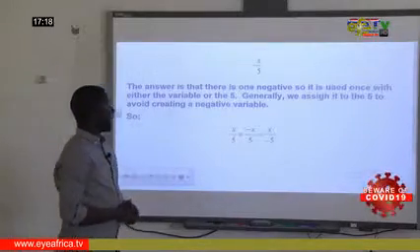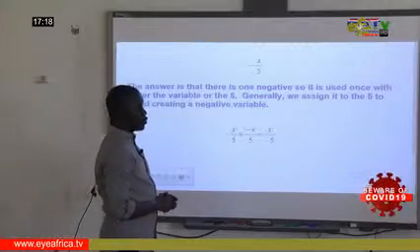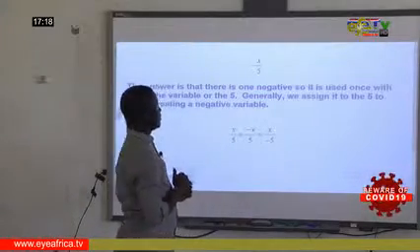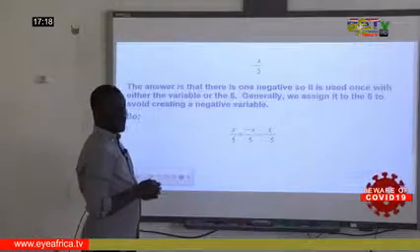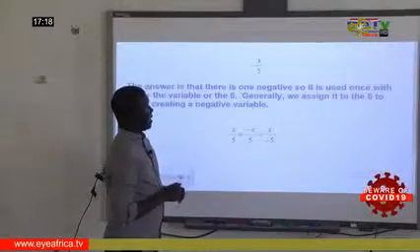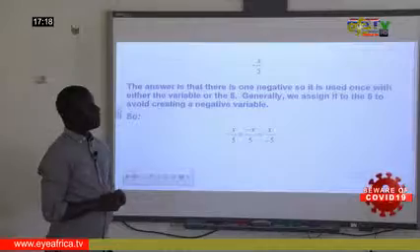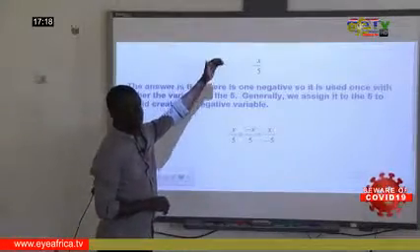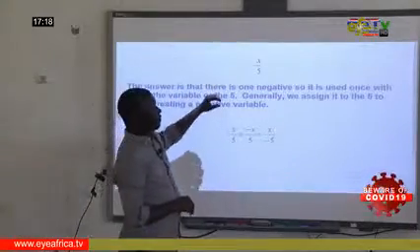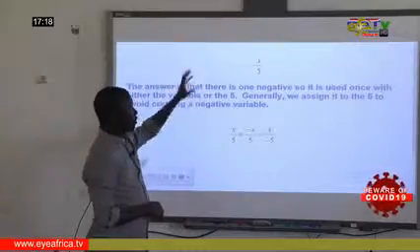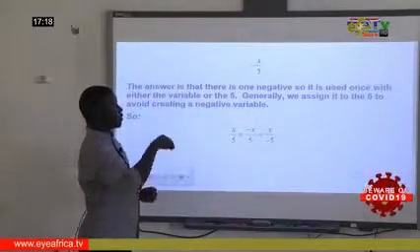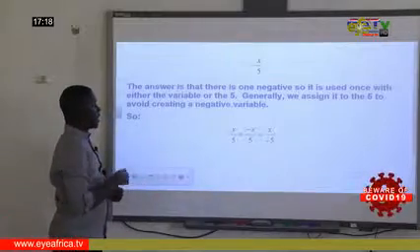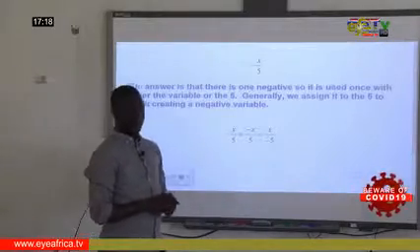The answer is that there is one negative, so it is used once with either the variable or the 5, meaning the negative sign can only be that of the x or the 5, but it cannot belong to both of them at the same time. Generally, we assign it to the 5 to avoid creating a negative variable.